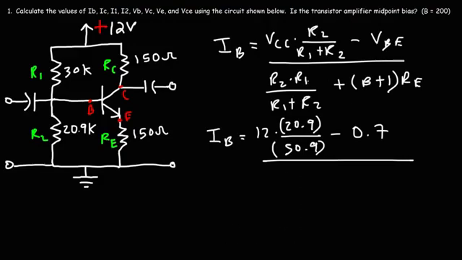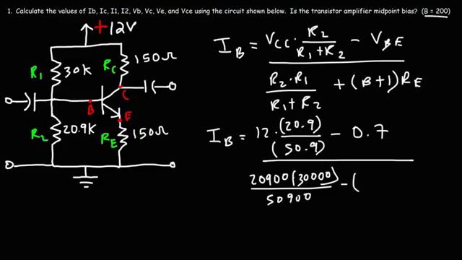So you need to plug in R1 and R2 in ohms if you're going to get it right. R2 is 20,900 times R1, which is 30,000, divided by R1 plus R2, so that's 50,900, minus beta plus 1.